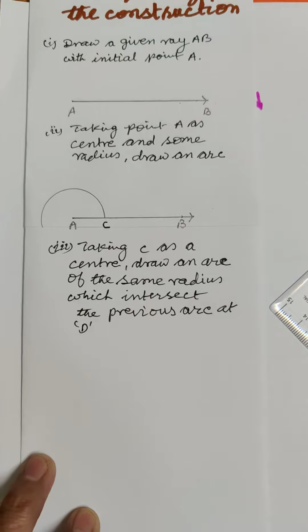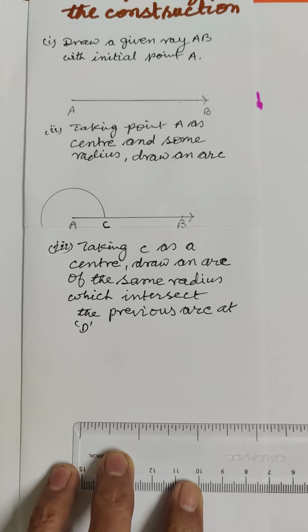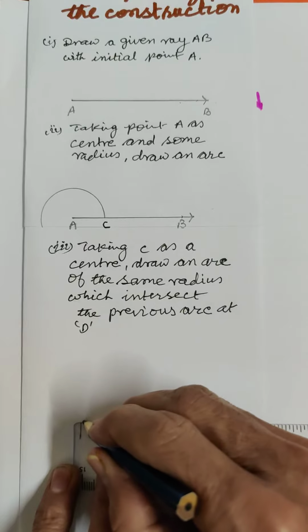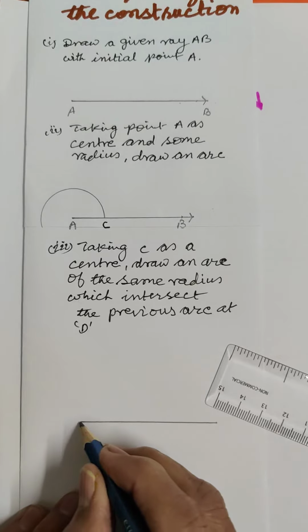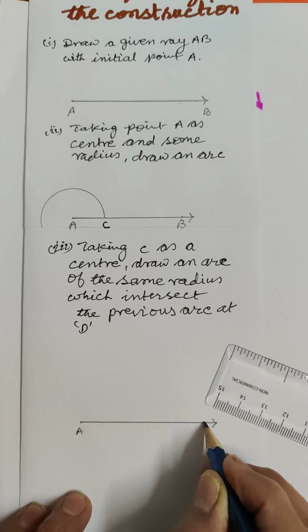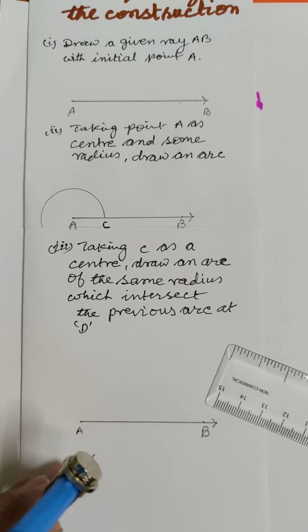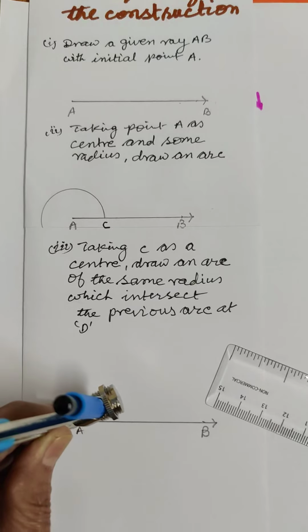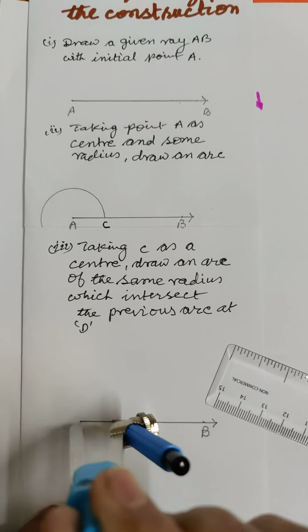So during the third step, this was the first step, A, B. This was the second step, with the same radius taken in step two, taking A as a center.